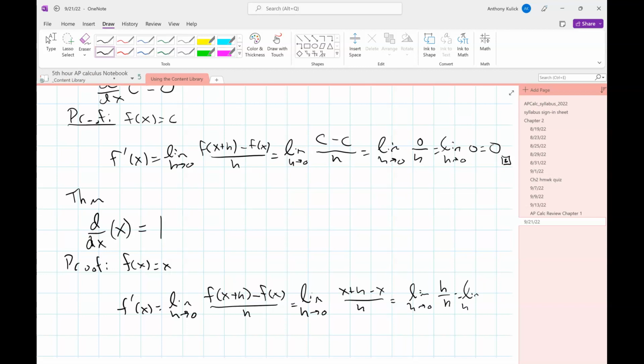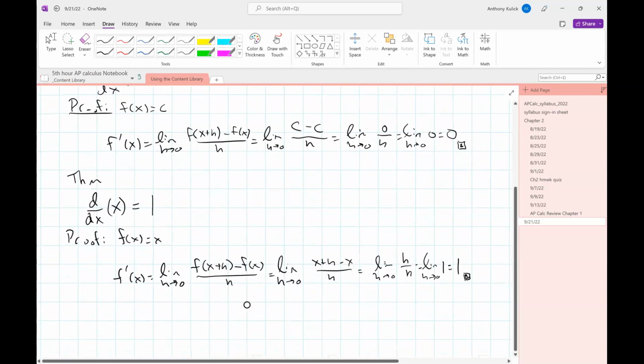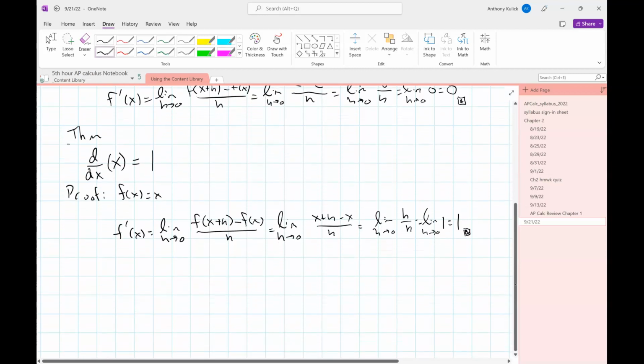And then h over h is just 1, and the limit of a constant is a constant. And we're done again. So far, so good? Nothing shocking yet.